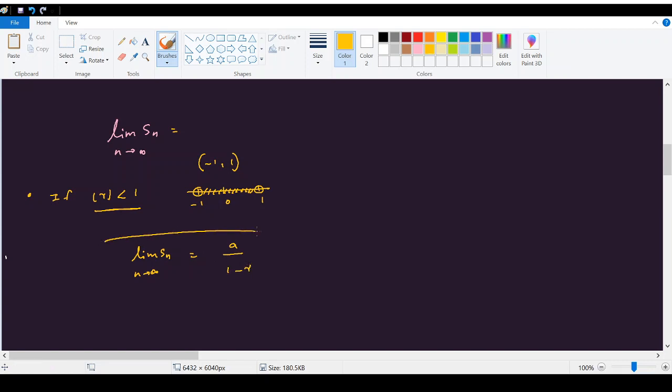We can prove this result. It is not obvious, you have to do some calculation, and then we can prove that the limit is equal to a divided by 1 minus r.